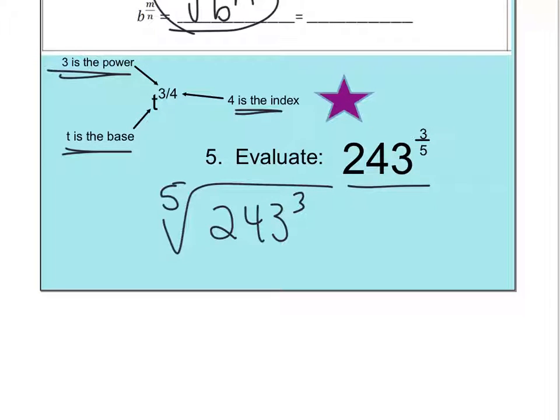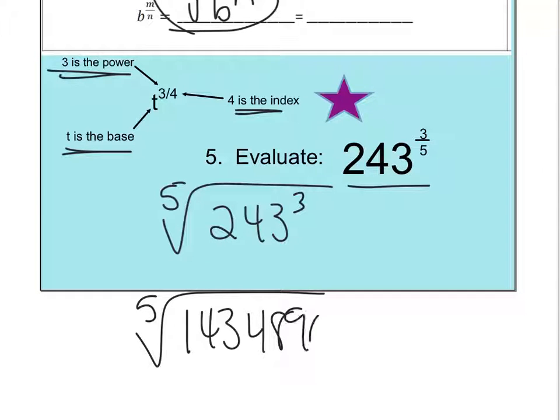243 raised to the third power is a ridiculously large number. If you remember, I've said if you just put this into your calculator and raise it to the 1/5 power, that would give you your answer.